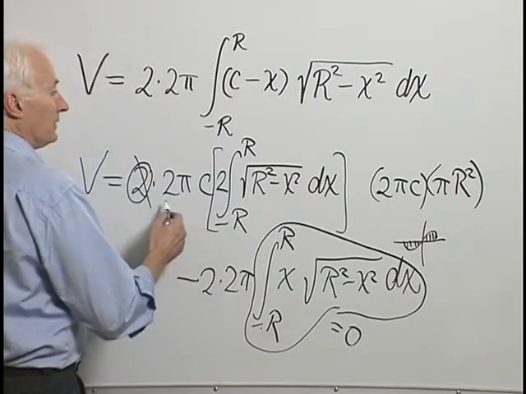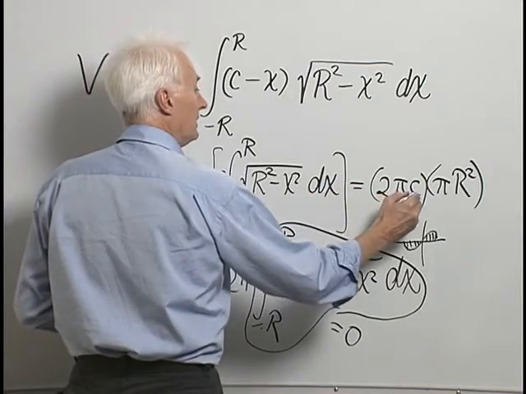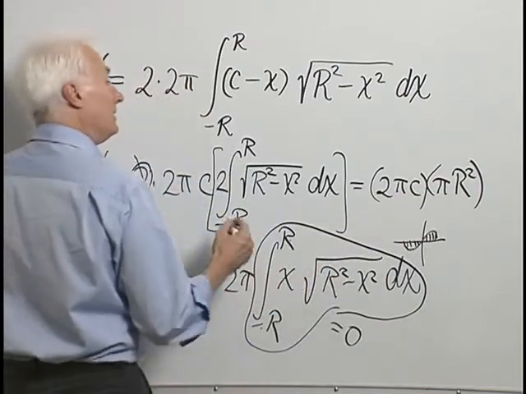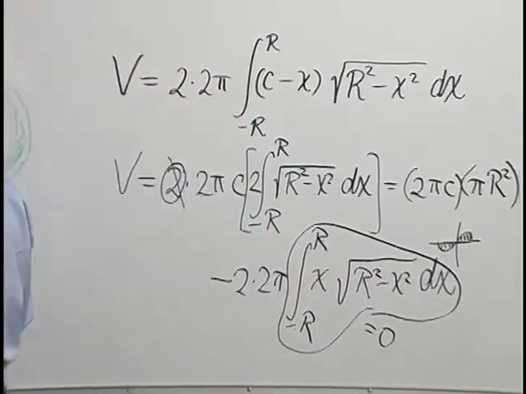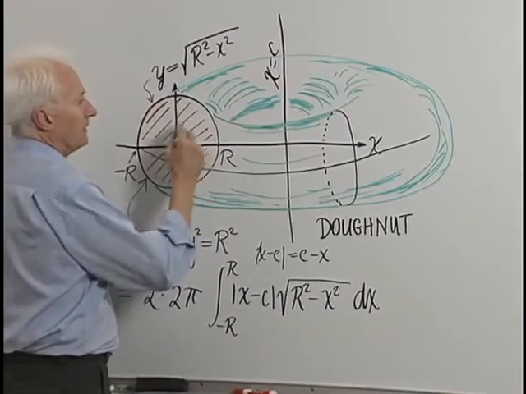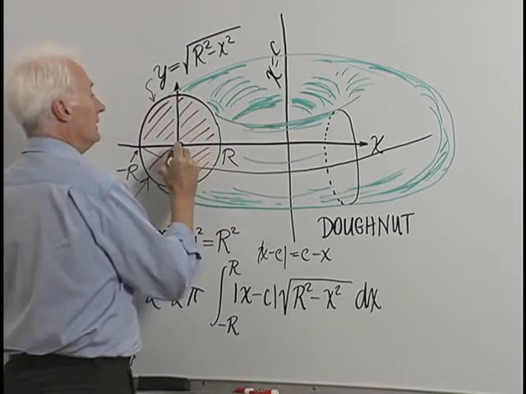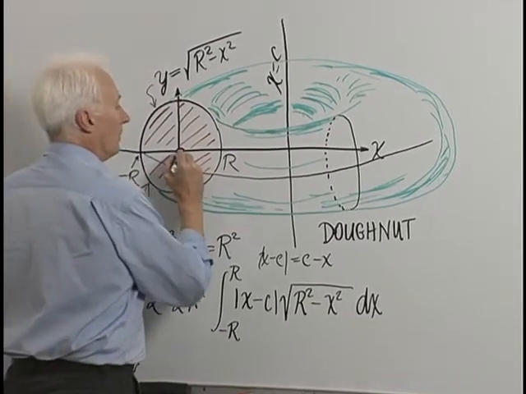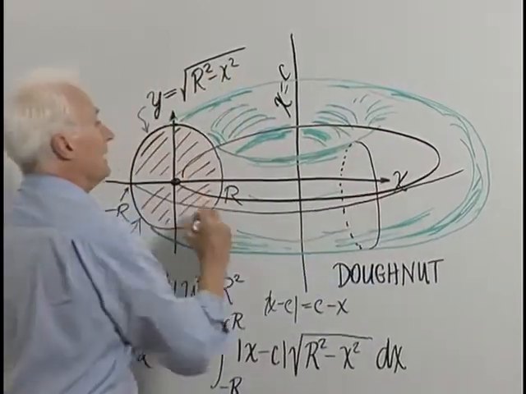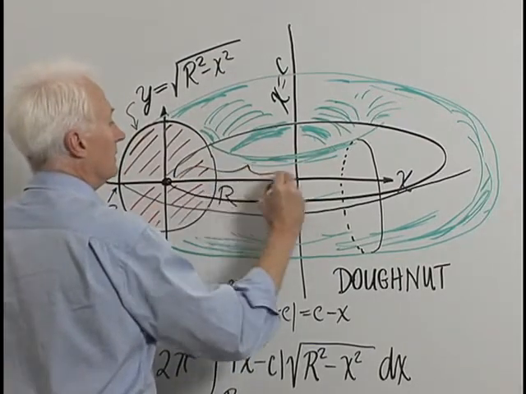And so what are we left with then? Our volume is equal to 2π c times πR². You might notice, if we come back to our picture here, that when I revolve this disk about the axis x equals c, if I look at the center of the disk, where did it go? It revolved all the way around, creating a circle of radius c.